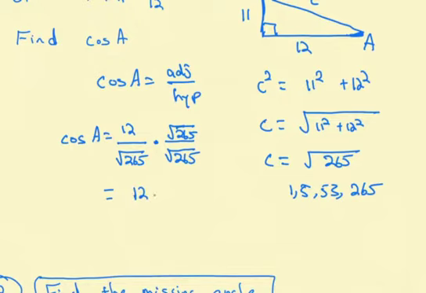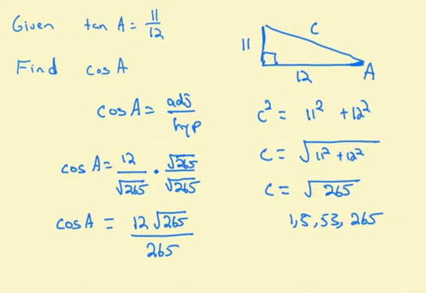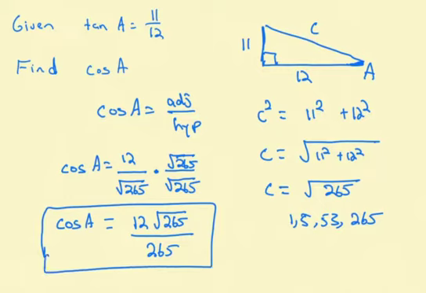So I'm going to have 12 times the square root of 265, divided by 265. That's the cosine of A. So let's make sure that we've answered the question. So the tangent is 11 over 12. The cosine is going to be 12 times the square root of 265 over 265.